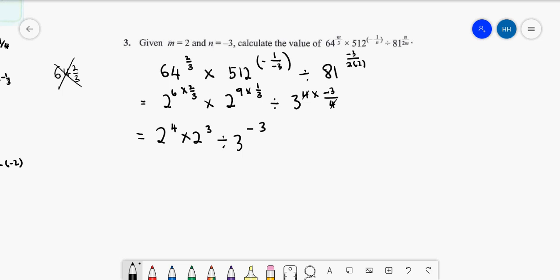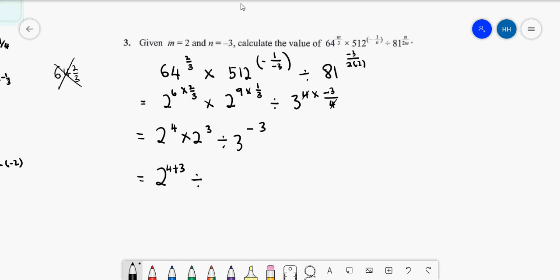This is a negative index, right? For negative indices, it's better if you change them to positive indices. But for the numbers in base 2 here, it is the same base, so you can solve 2 to the power of 4 plus 3. This is plus because of multiplication. Then divide with the negative index, negative 3 here. You can convert it to a positive index.